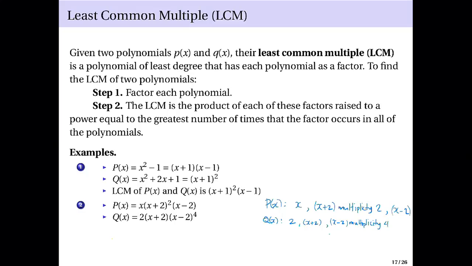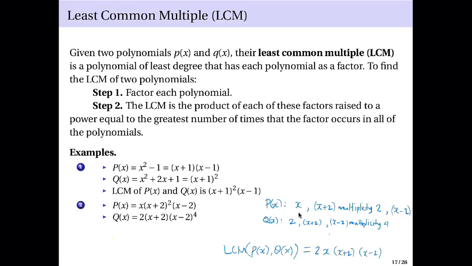So, what is the LCM of P of x and Q of x? You multiply all of those factors. So you have your 2, your x, your x plus 2, and your x minus 2.